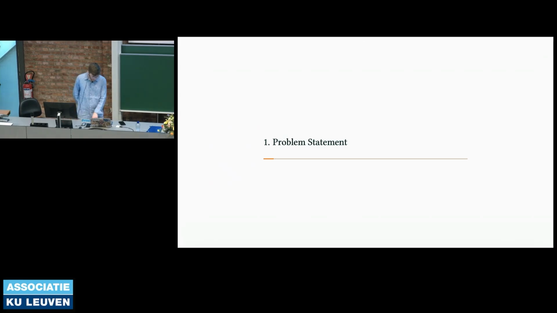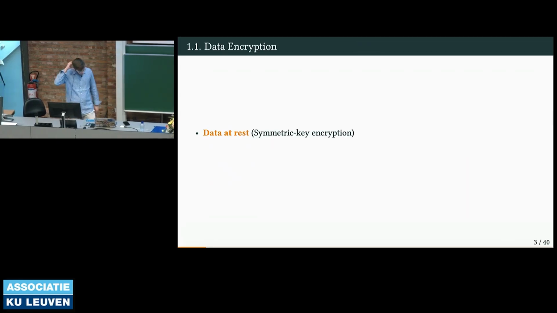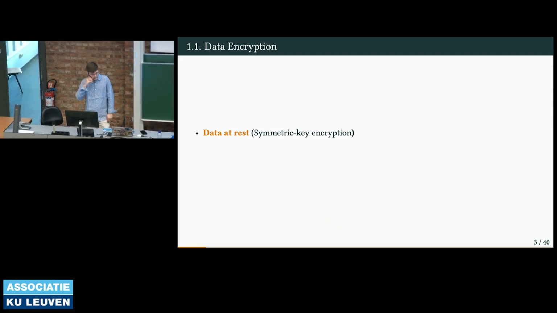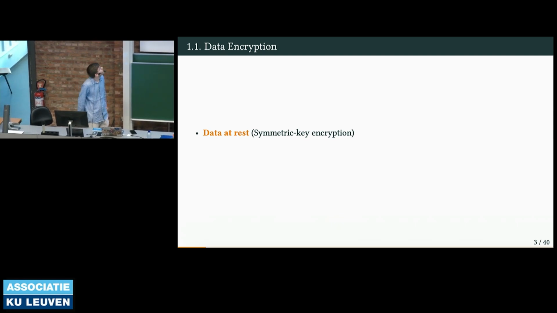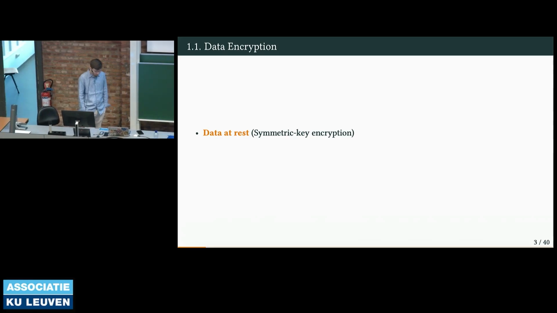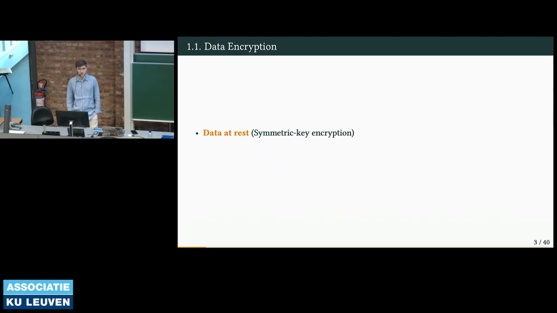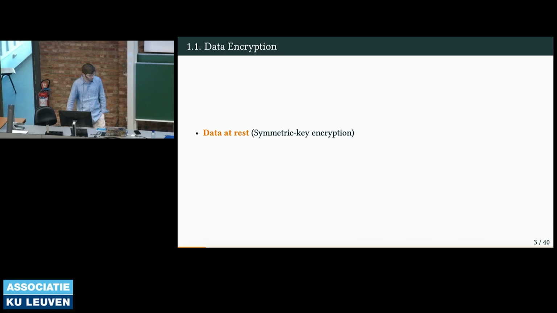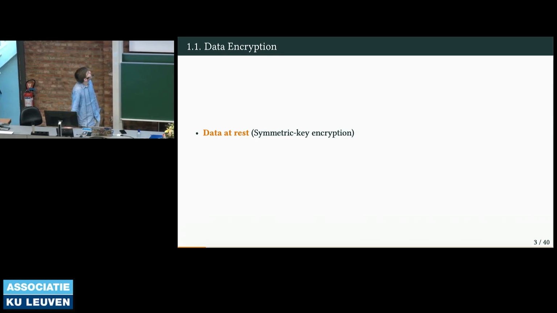Okay, so to get started, this talk is about data encryption, right? Cryptography came out of the need to encrypt data and protect it from undesired observers, going back to the Caesar cipher in the Roman Empire, which was the birth of cryptography.